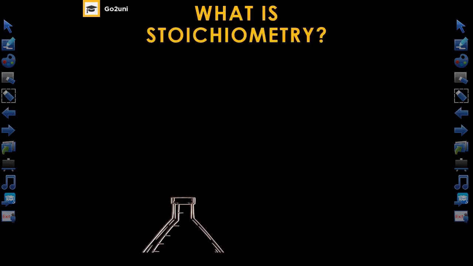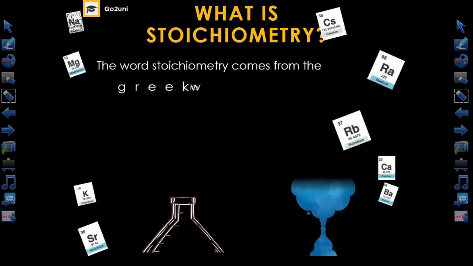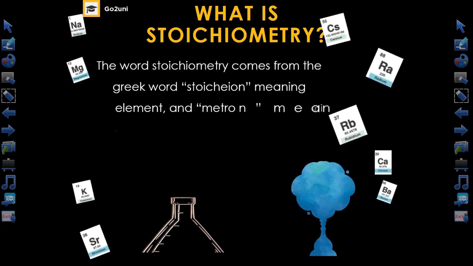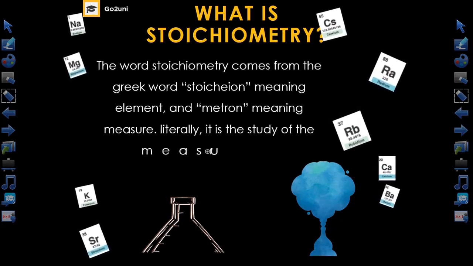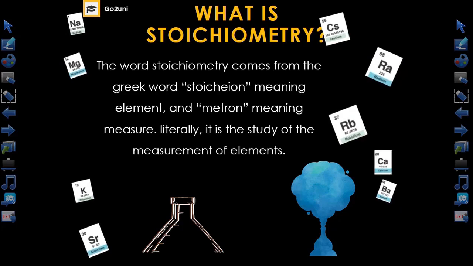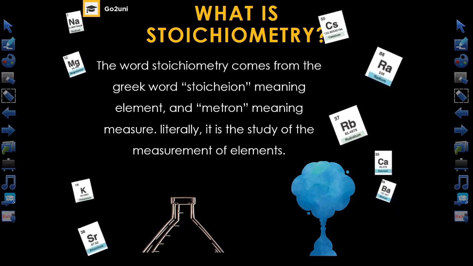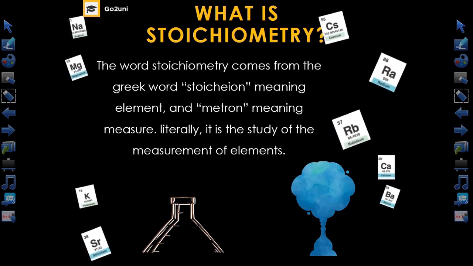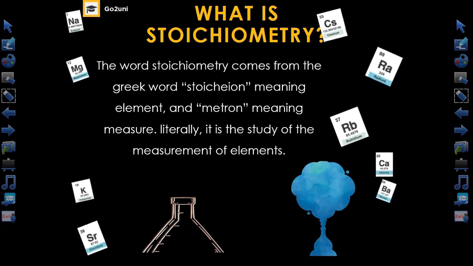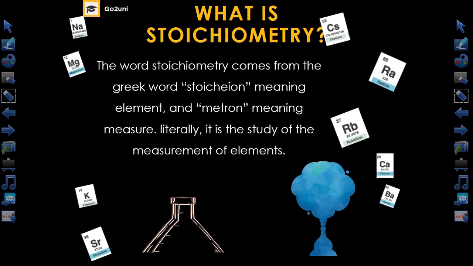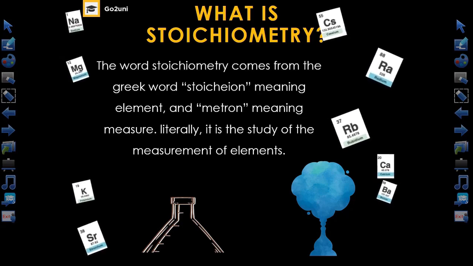Having seen our objectives for the class, let us therefore go down to the fundamental topic for the day, stoichiometry. The word stoichiometry originates from the Greek word stoichion, which means element, and metron, which means measure.